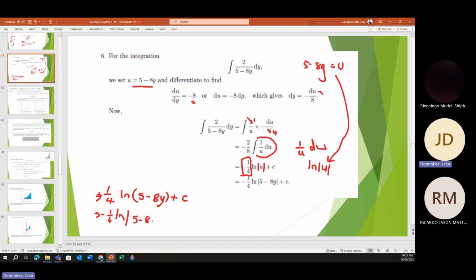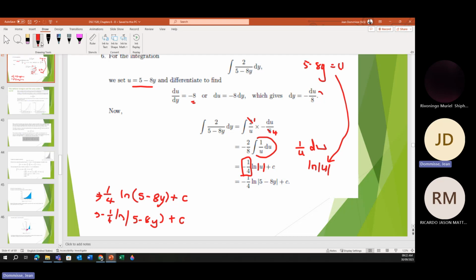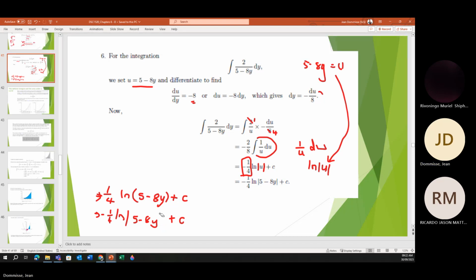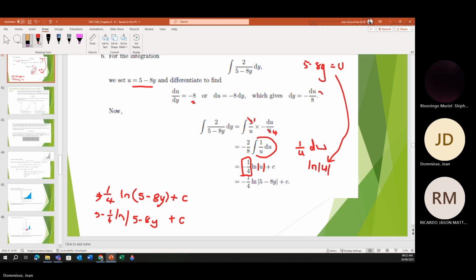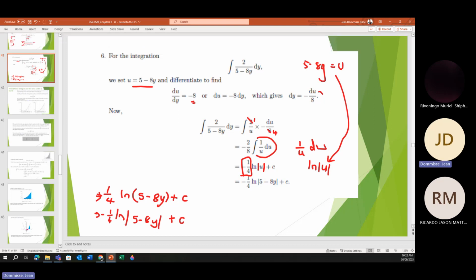If you haven't come across this sign, what it basically means is absolute value, and whatever is between those two lines will become positive.